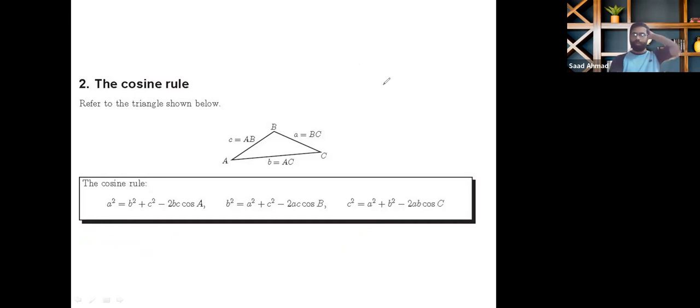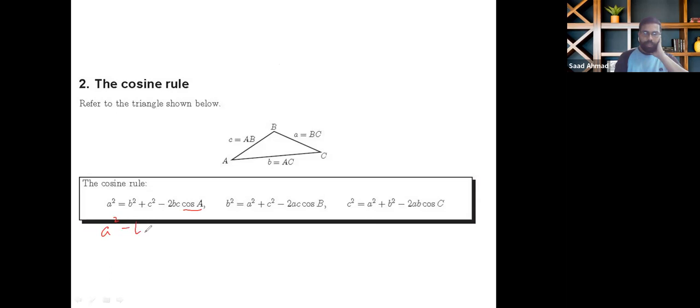Now, let's say that instead of finding the side, we want to find the angle A from here. So first of all, I should try to isolate it.